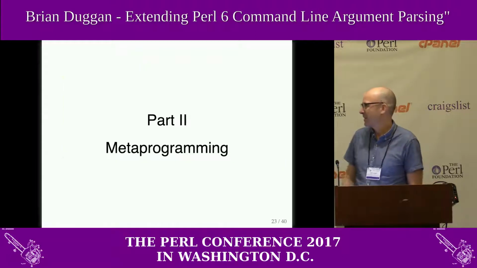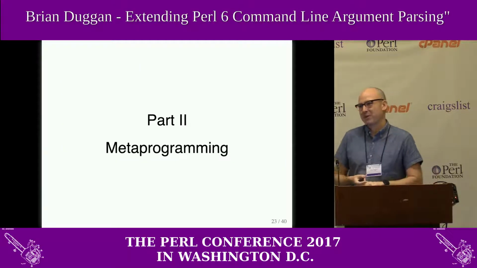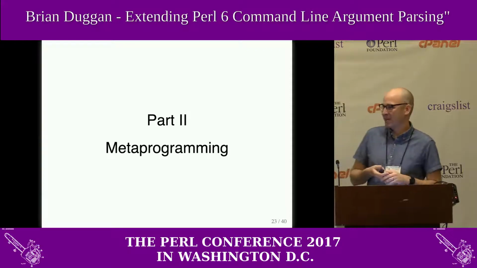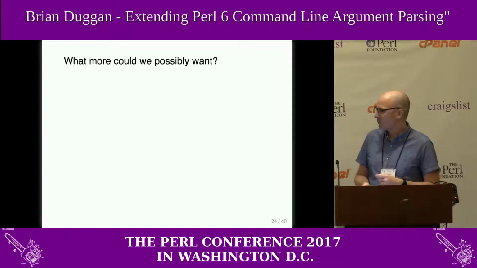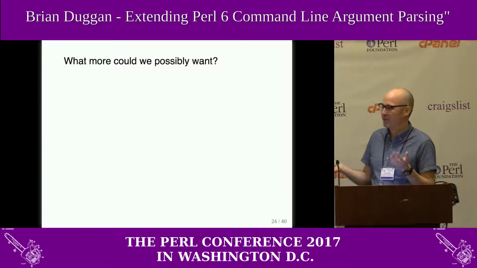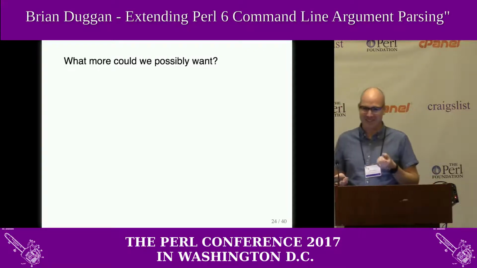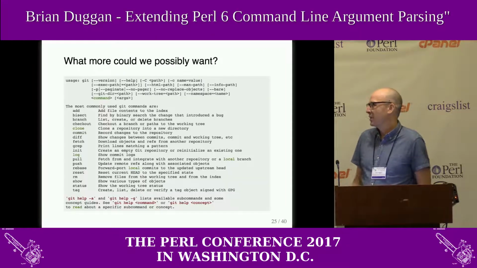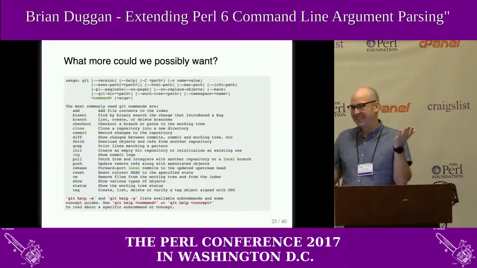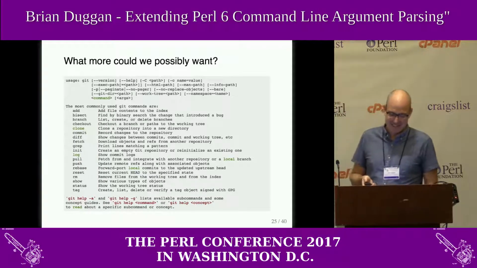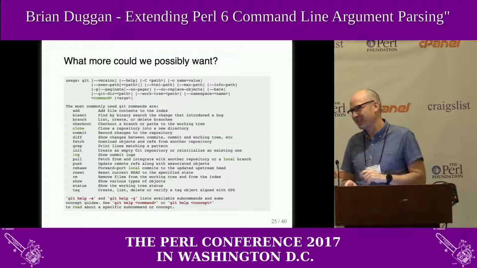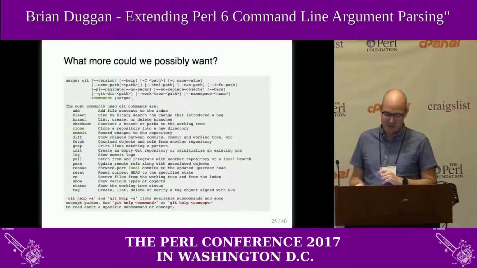Okay, so moving on, metaprogramming. So what if it's not enough and you want to do some extra stuff? All right, what else could we possibly want? We have so much already with our command line argument parsing. So, well, let's look at something like Git. It's got subcommands, it's got help for the individual subcommands, it's got all kinds of crazy stuff.